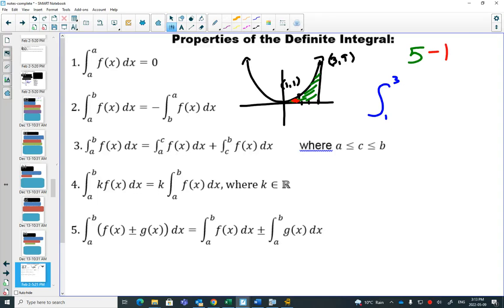If you did it in the opposite direction, then you would get 1 minus 5. And it should make sense that whenever you subtract in the opposite order, it's just the negative of the other one. So if the area from A to B was 4, then the area from B to A would be negative 4.